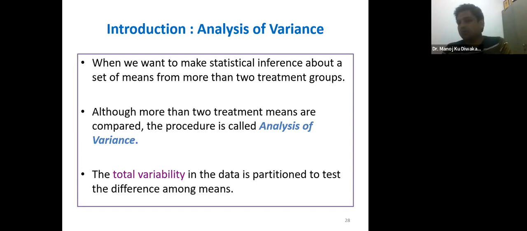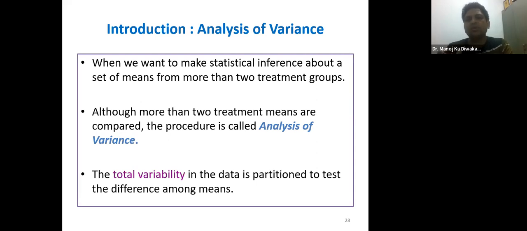Now, for example, if we want to compare the IQ level of JNU students, DU students, and Jamia Millia Islamia students, how can you do it? In this case, you can see whether the mean IQ value of these three institutions is the same or differs. That can be done with the help of the analysis of variance.